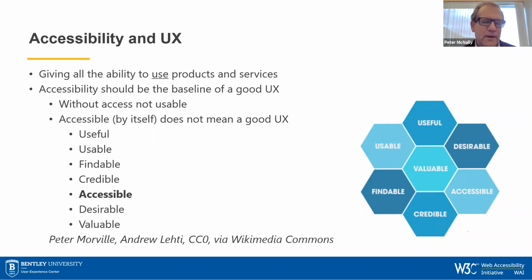All those really need to come together for a good experience. So you could have a really accessible product, you've done all your due diligence around WCAG, but if it doesn't meet the user's needs, maybe it's not really useful, then it's probably not that good. But just something to think about when we think about the intersection of accessibility and UX.